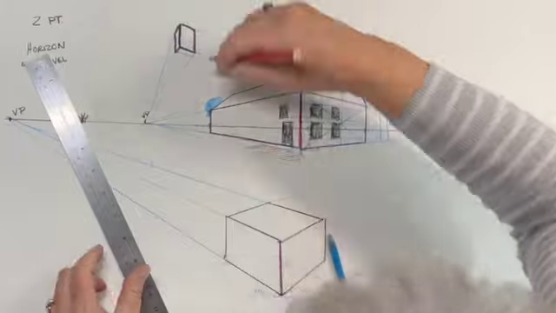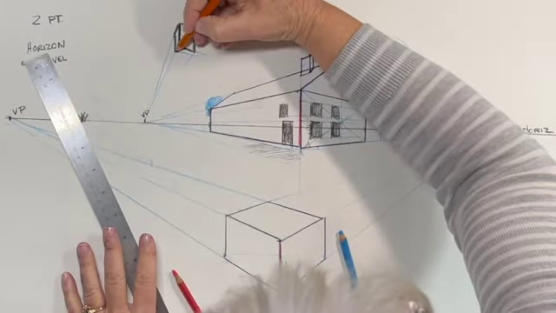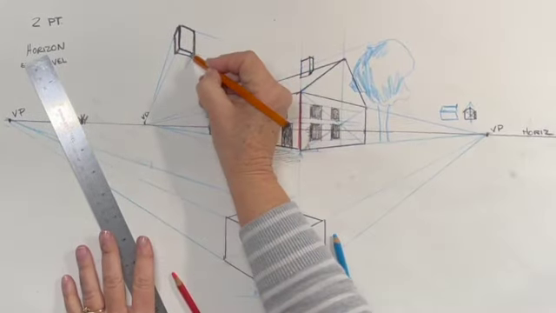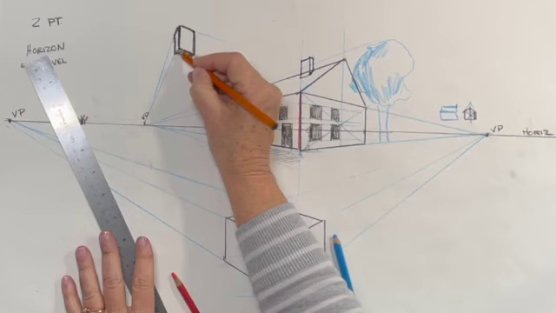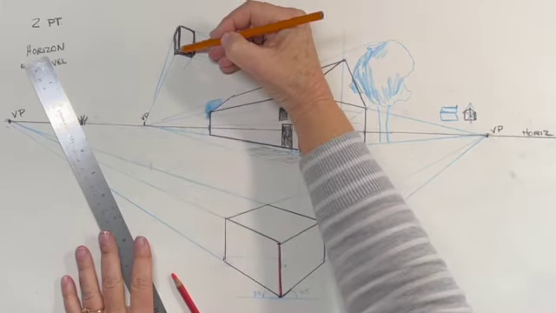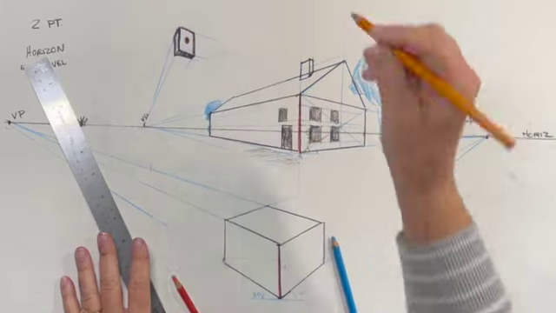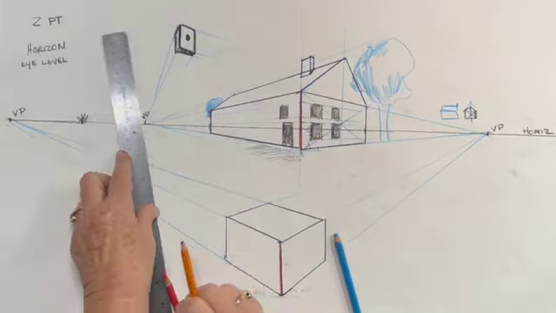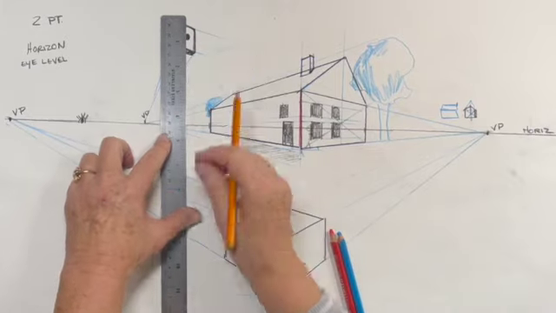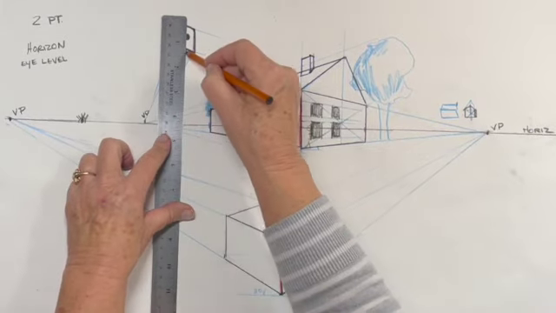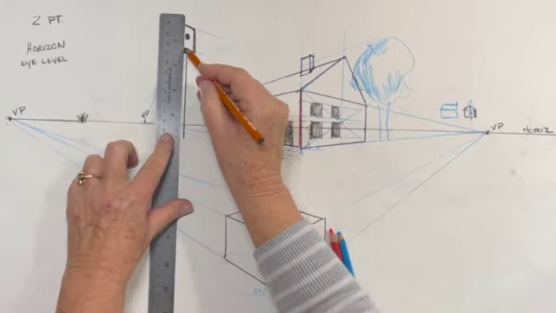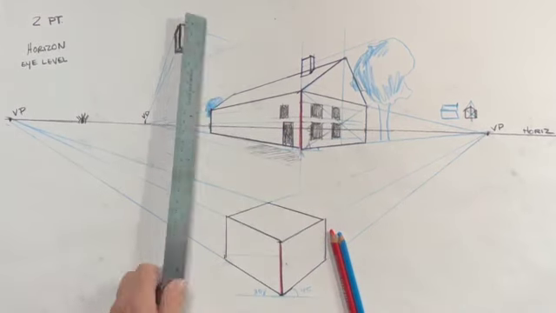And there is the base. The base of this birdhouse. Right? And of course, it's not floating in space, so we have to sit it down on a vertical pole. There we are. It's on a vertical pole now.